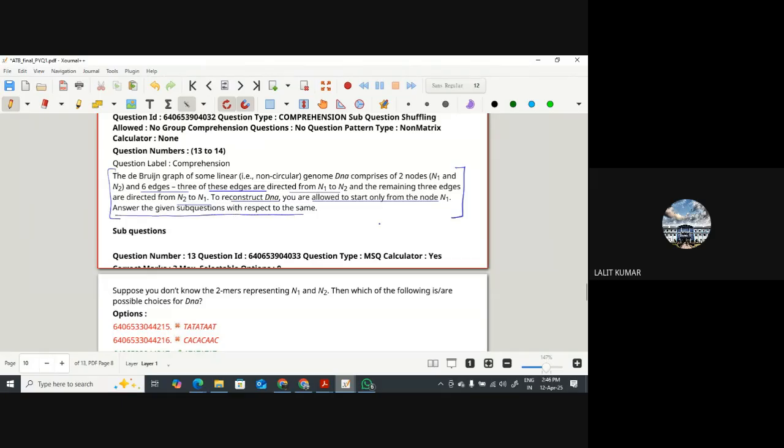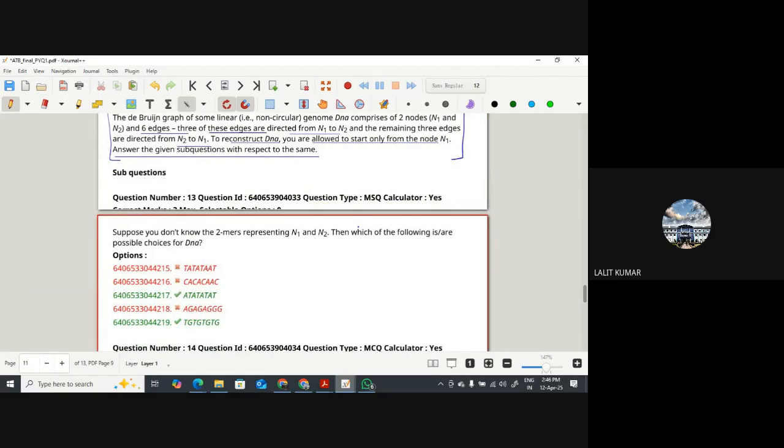Answer the sub-questions given below with respect to the same. So we have node 1, node 2, 3 edges from here to here, and 3 from here to here, and we can start from here only.